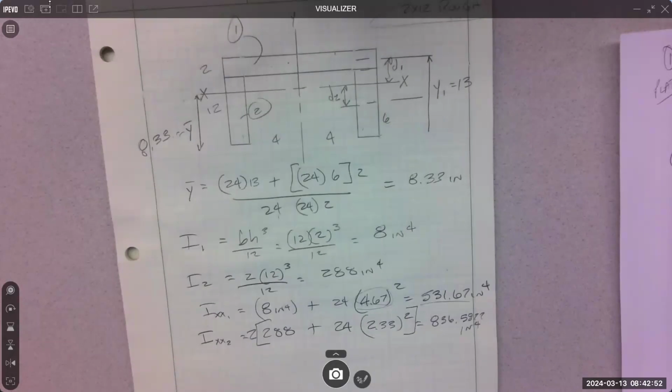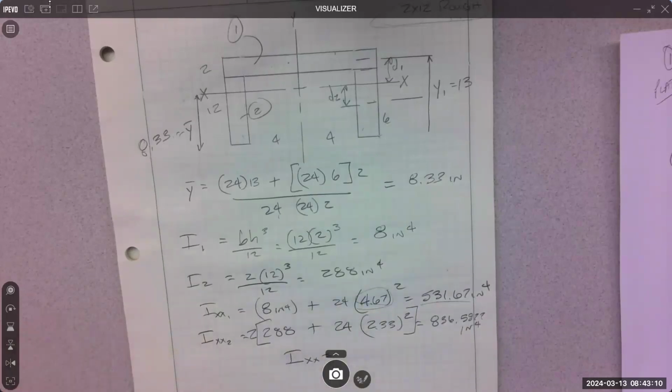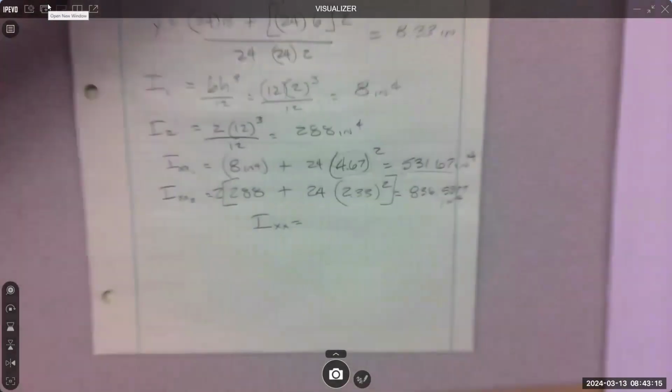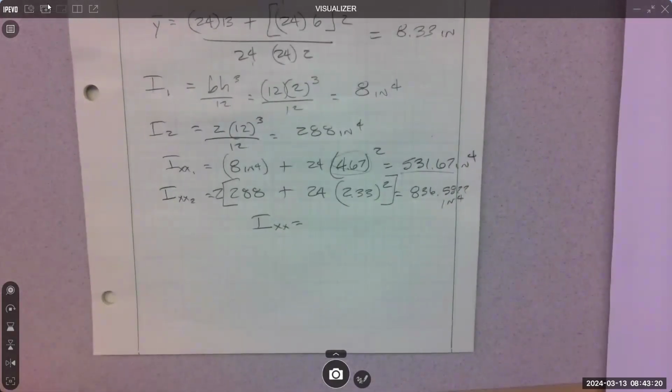I need confirmation on the 836. It's right. Okay, nice job, Devin. Now what do we do? Add them up. We have them all at the XX axis, so 531 and the 836 to get the total inertia, IXX equals. 8 plus 5 is 13.